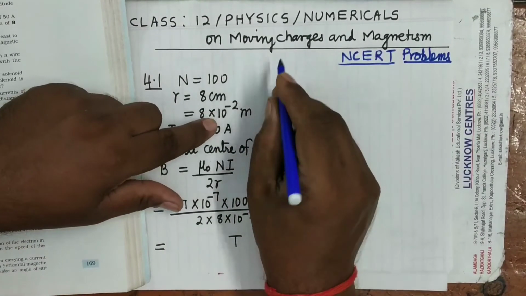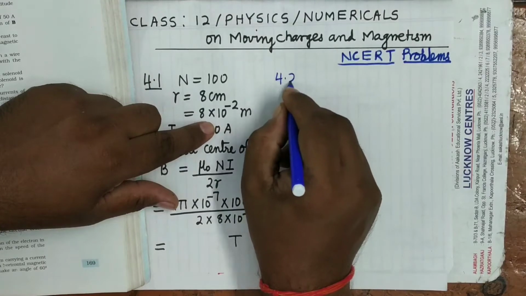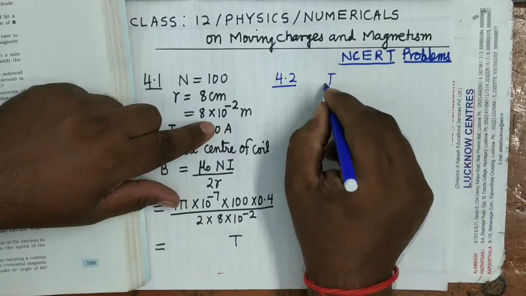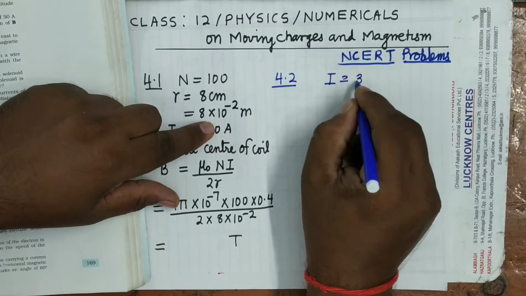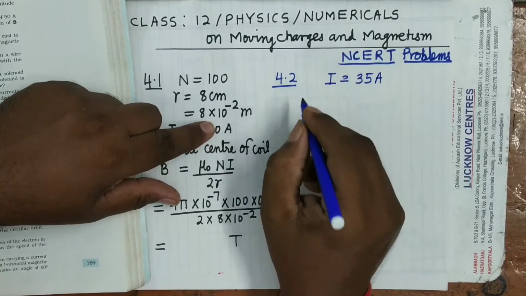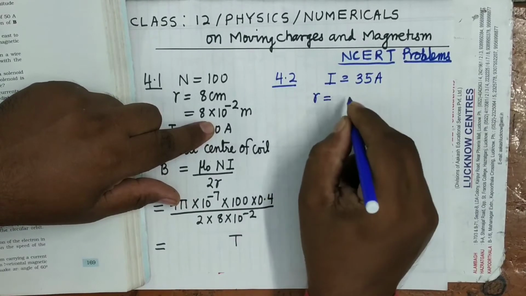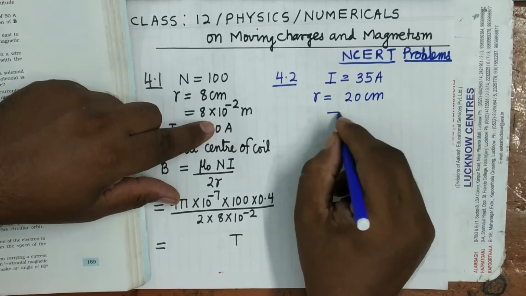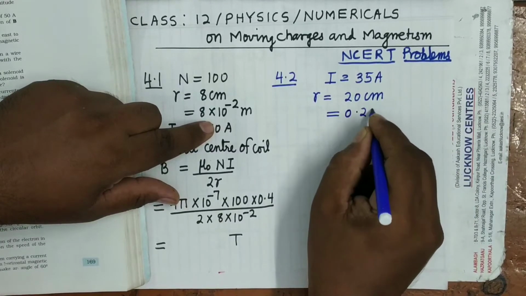There is a long wire, 4.2, carrying a current of 35 ampere. You have to find the magnetic field at a distance of 20 centimeter from the long wire. 20 centimeter, that you can write 0.2 meter.